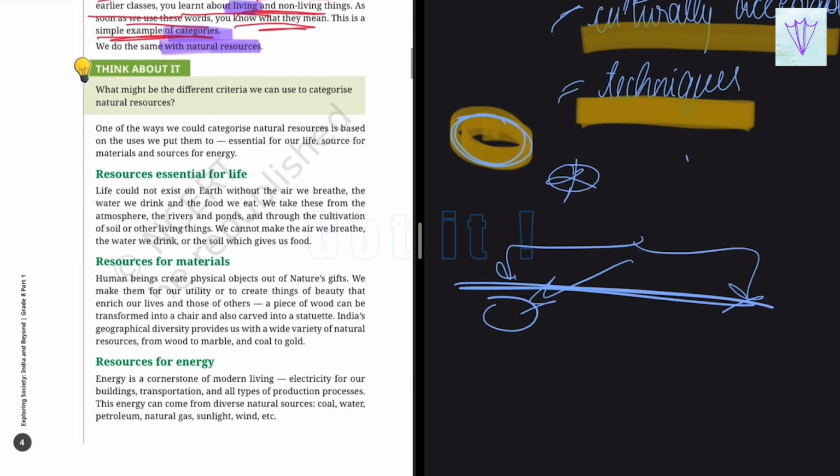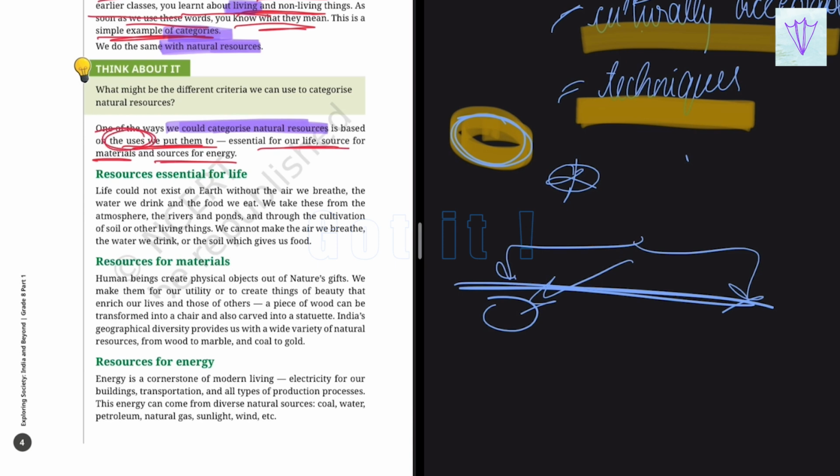One of the ways we could categorize natural resources is based on the uses we put them to, which are essential for our life, sources for materials, and sources for energy. So we'll categorize them based on the uses we put them to.